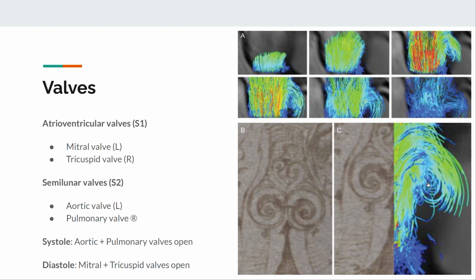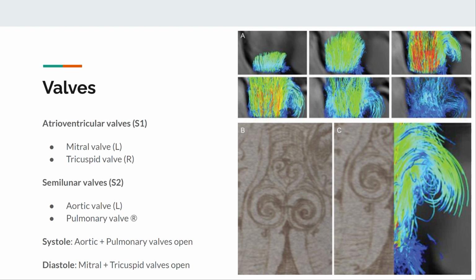And this is just an MRI showing you that that's exactly what happens, and he predicted that. And the random low yield fact here is that we think that valves operate based on pressure.